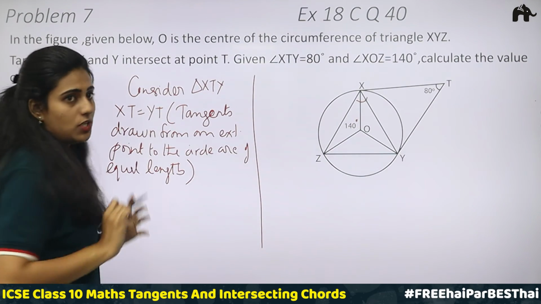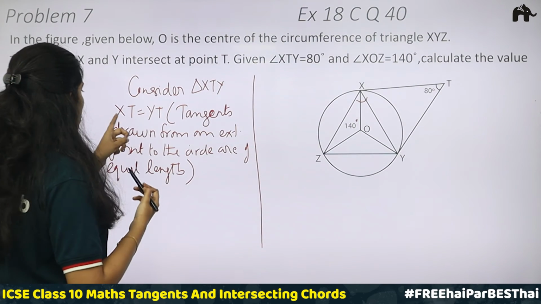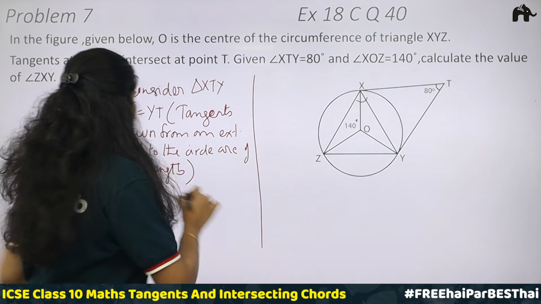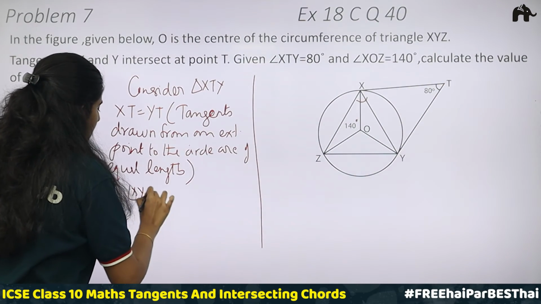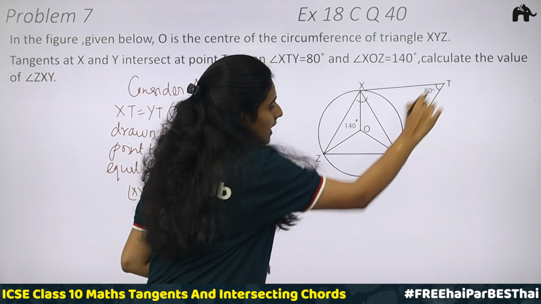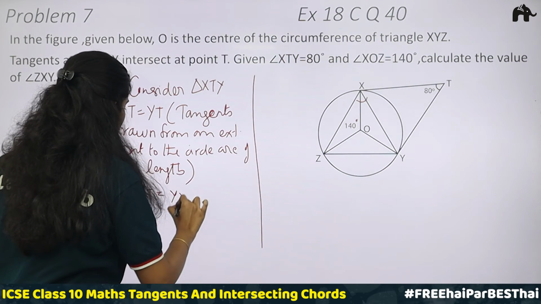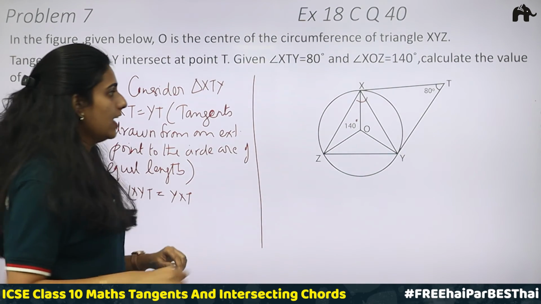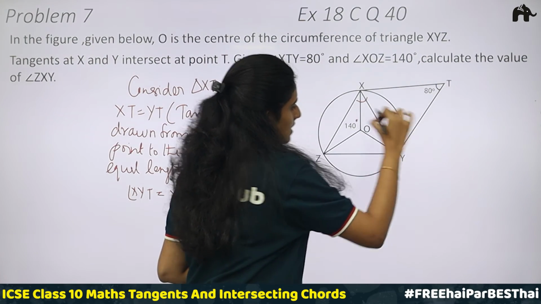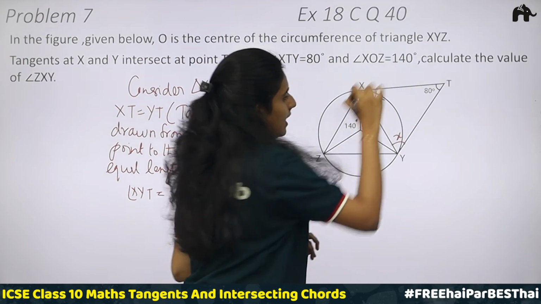If XT is equal to YT, then the angles opposite to equal sides will be equal. Opposite to XT, we have angle XYT, equal to, opposite to YT, we have YXT. If I take XYT as some x, then YXT will also be equal to x.